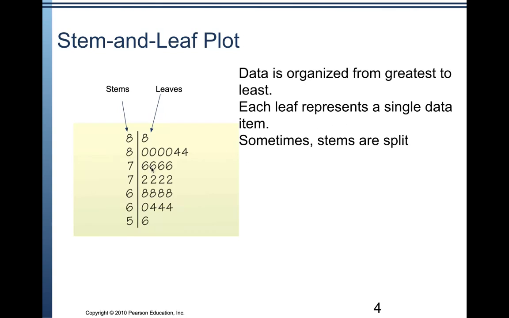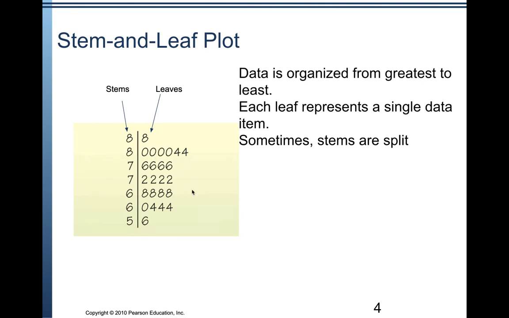So the way we read a stem and leaf plot is, for example, up here, usually the stems are the first part of the data point, and the leaves are the second part of the data point. So this data point right here would be 88, and then we would have 80, 80, 80, 80, 84, and 84, so on and so forth.